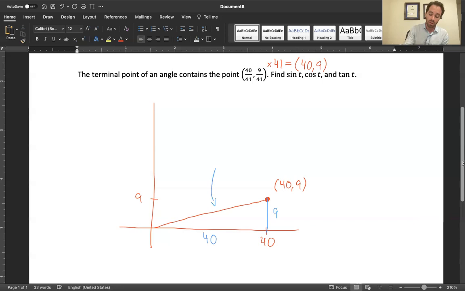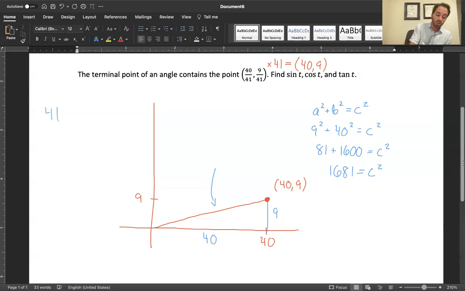Well, I have to do a squared plus b squared equals c squared. This is going to be really nice, though, I promise. 9 squared plus 40 squared equals c squared. 81 plus 1600 equals c squared. 1681 equals c squared. This is 41 squared.